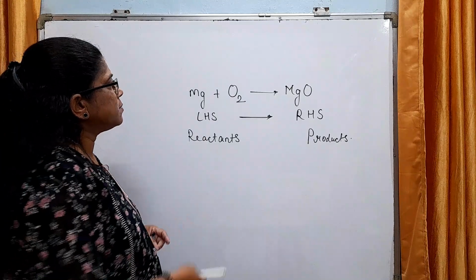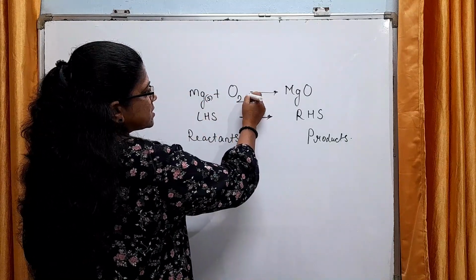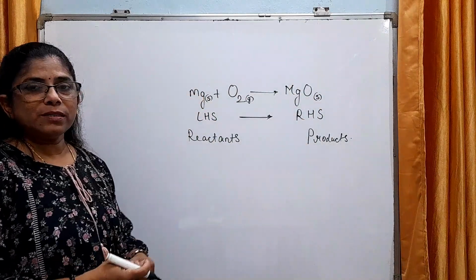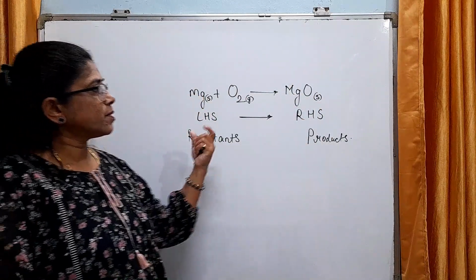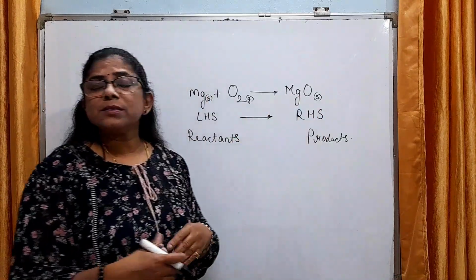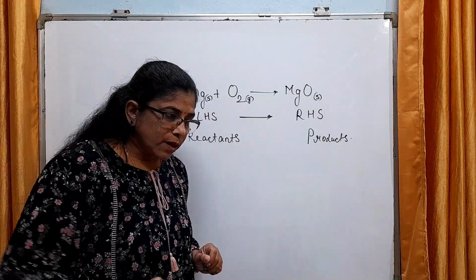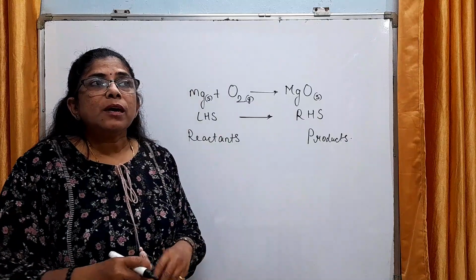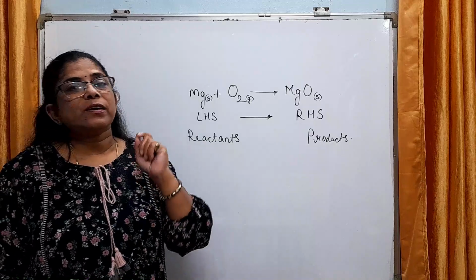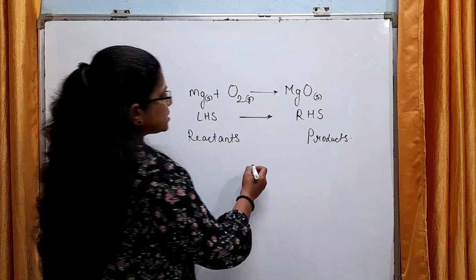So here, for example, suppose magnesium is in solid state. Oxygen is gas, and here again we get this magnesium oxide. So like this, the state is written just beside the substance, whether it is in solid state, liquid state or gaseous state. Now apart from this, if there is any specific condition required for the reaction, then that is represented on this arrow.